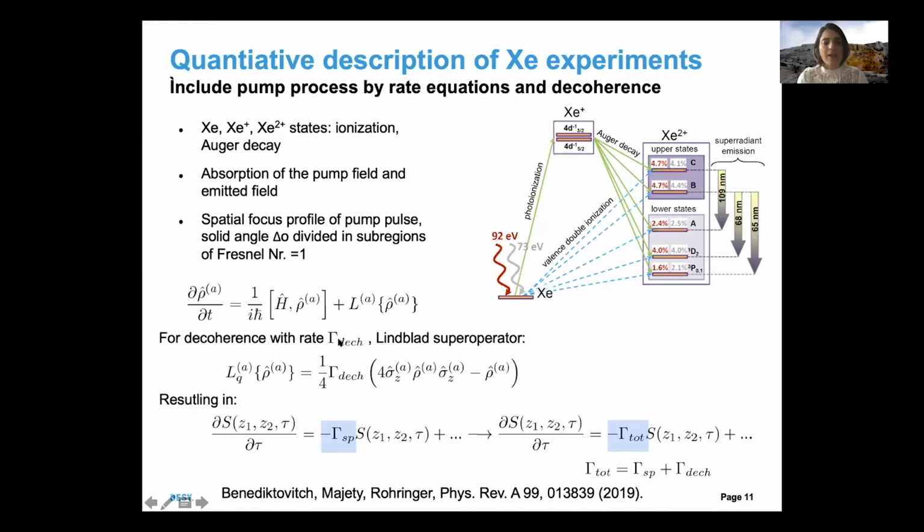And as you would expect from phenomenological theories, what this Lindbladian actually results in is that the correlation functions do not decay via the spontaneous decay rate, but by the total decoherence rate, which is the sum of the spontaneous and the decoherence rate. So this is the formal explanation or derivation of why we can introduce these total dephasing or decay rates in the system.